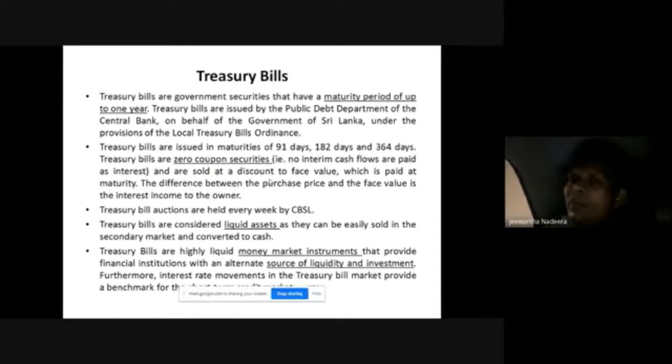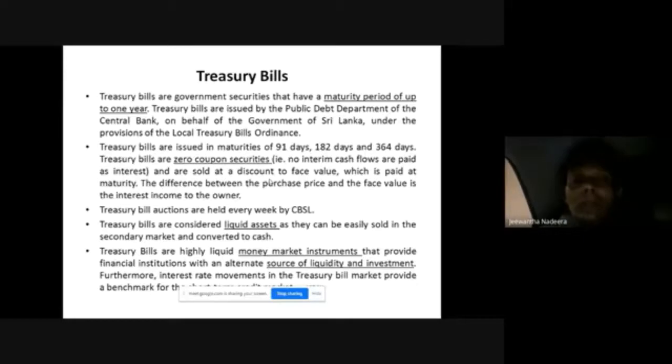Then you have the auction on Wednesday. Who can participate in the auction? Can you participate? Can I participate? No. Then who? If all of us could participate, the whole country's people would participate, and the central bank wouldn't get a single rate. So there is a privileged set of people in the financial market.